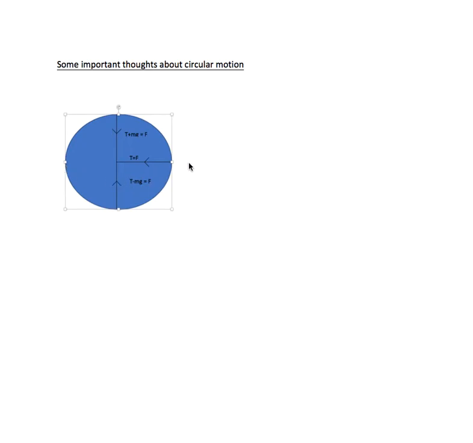I have, of course, applied a force to get the stone up here, but that's irrelevant in the sense that when I let go, that force is gone, and then my object begins to perform its circular, or in this illustration, semicircular motion. So here, the tension equals the weight as the stone hangs vertically downwards.